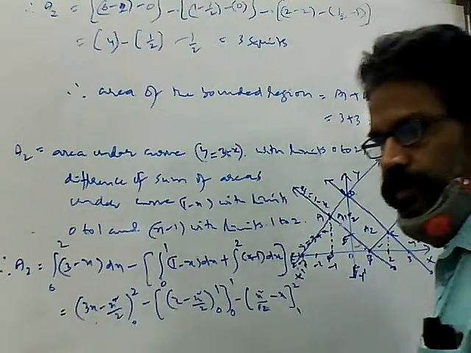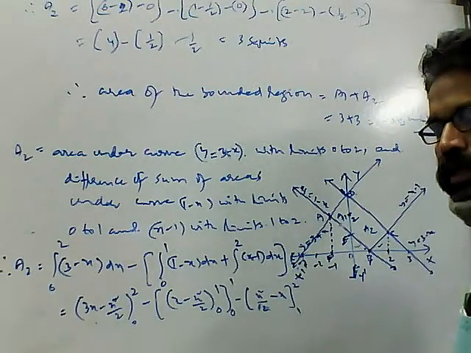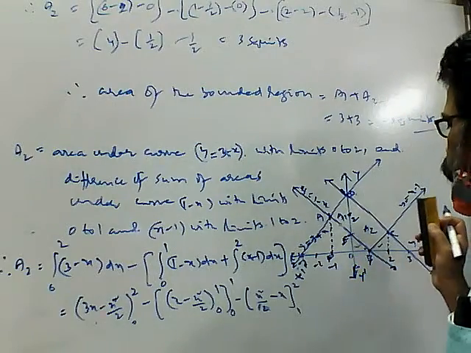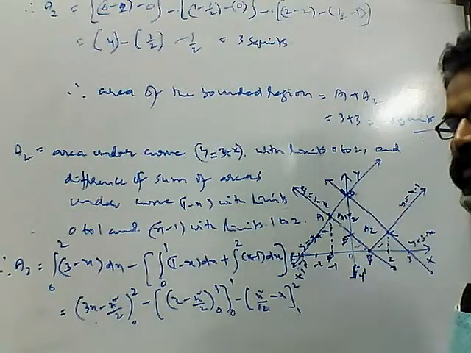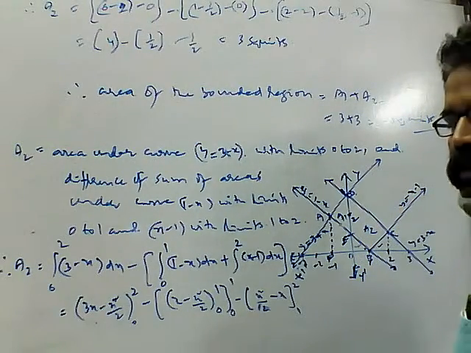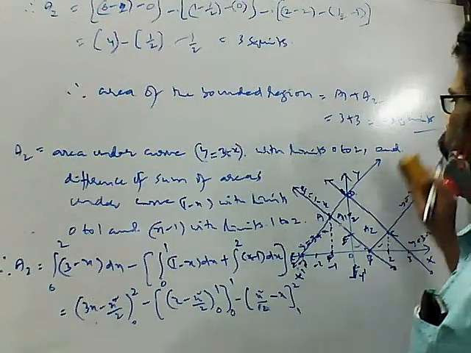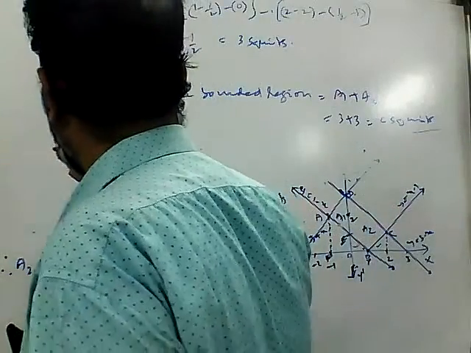So you have to be very careful in plotting the curves, sketching the curves, as well as identifying the region, identifying the boundaries, and finding the area as the difference or sum of the given areas with the bounded lines. This is very important for you. Right? Next question.